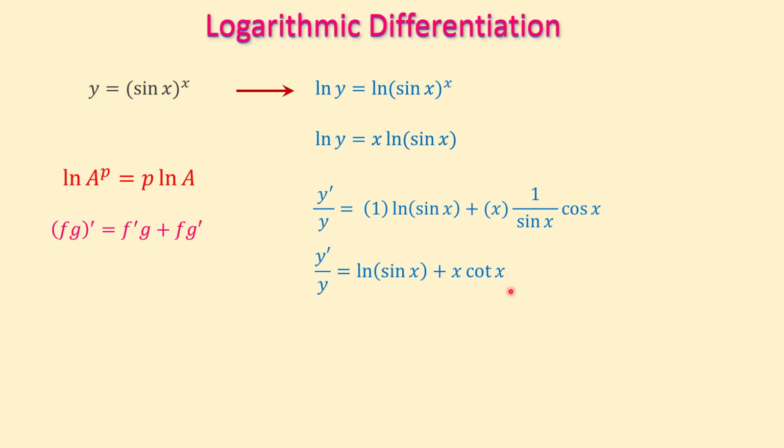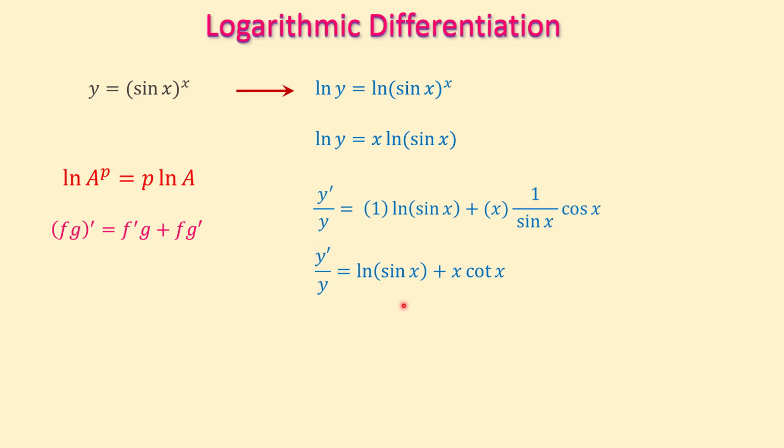So we get to the last step of finding the derivative of this function. y prime over y equals this expression, but we want y prime to be isolated. y prime is the derivative of the function. To get rid of this y in the denominator, we multiply both sides of this equation by y. If we multiply the left side by y, the y's cancel each other, and only y prime remains here.